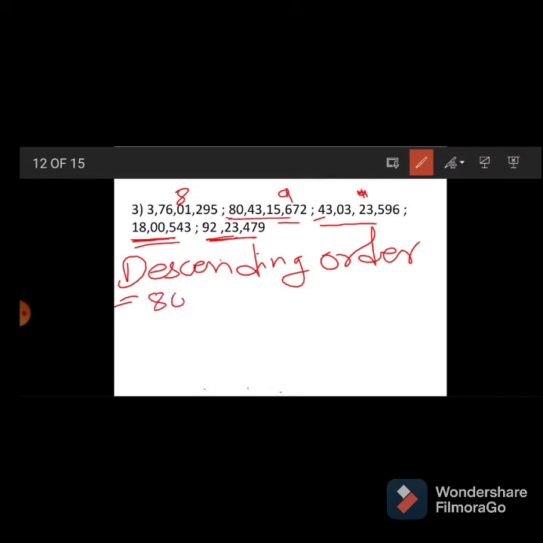First it will come 80 crore 43 lakh 15,672, and it is smaller than which number? 43 crore 3 lakh 23,596 is again greater than which number?